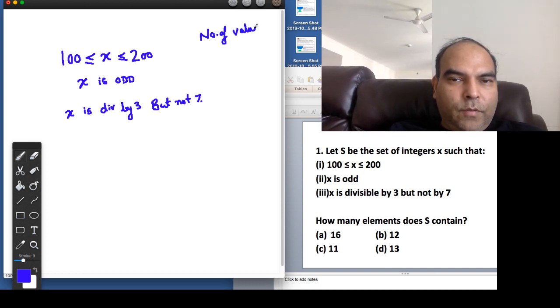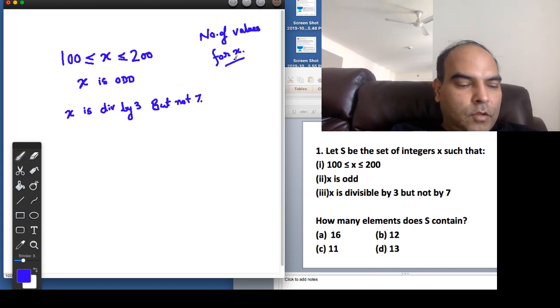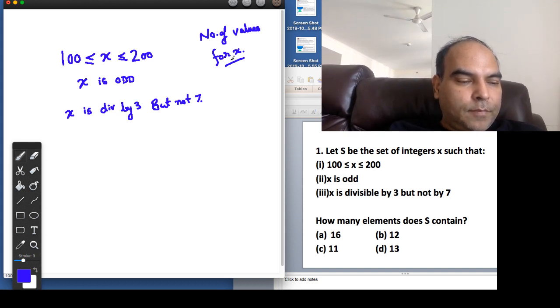This is a question which is somewhere between number systems logic and progressions logic. So I'm giving you a minute or two to think about this. Try to solve this on your own first, and then you can look at my solution here.